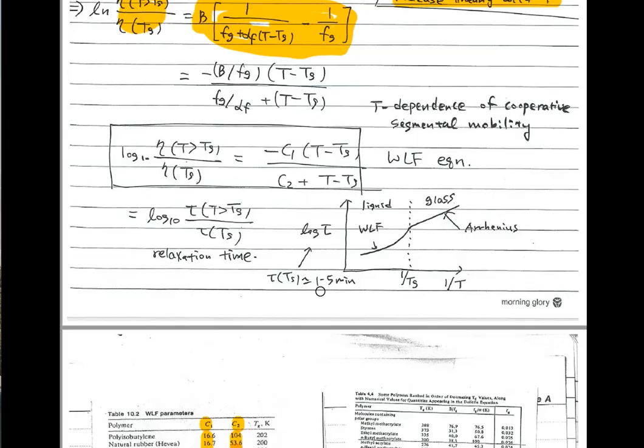And this shift factor was obtained simply from free volume theory, simply assuming that there is a free volume, and that free volume changes as a function of temperature, at different degrees based on the boundary of the glass transition temperature. So this is pretty much it for the free volume theory.